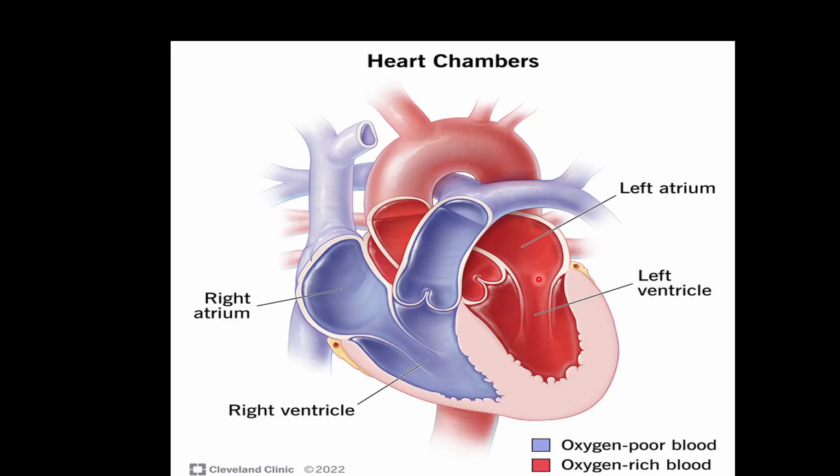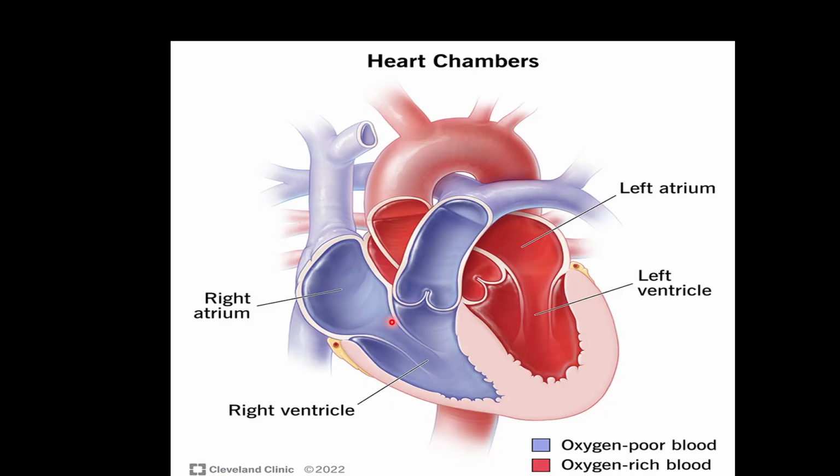Again, the left auricle opens into the left ventricle through the left auriculoventricular opening, and these openings are supported by valves, which are known as the tricuspid valve and the bicuspid valve.